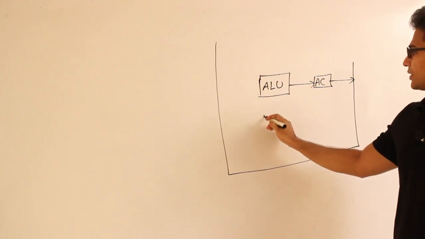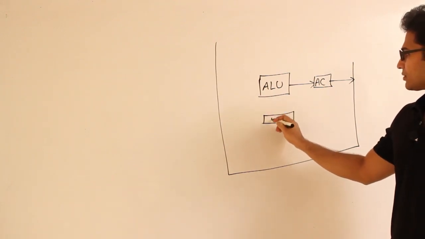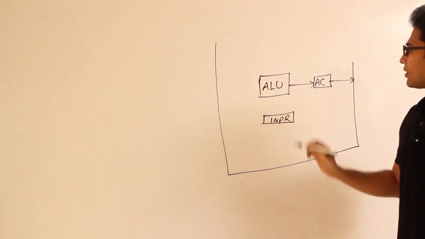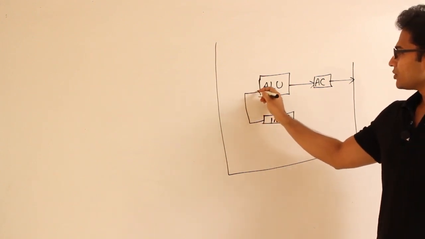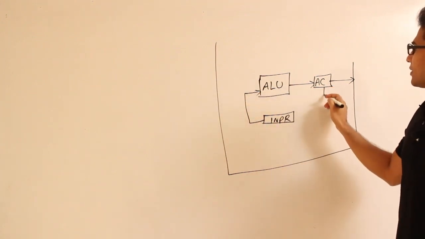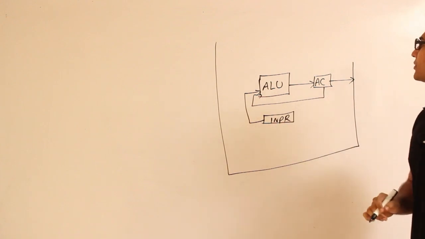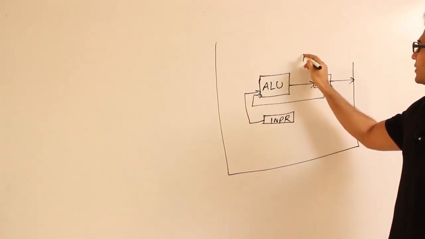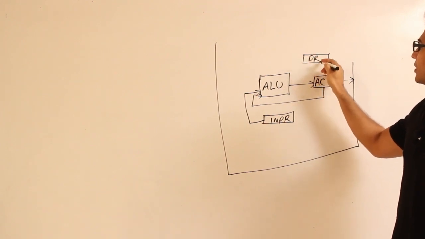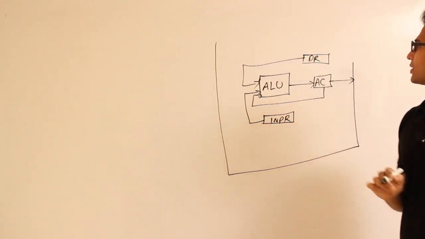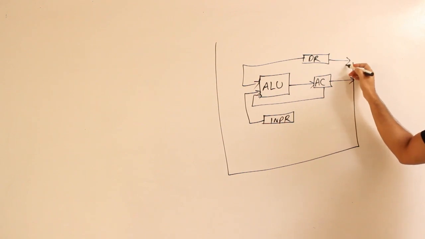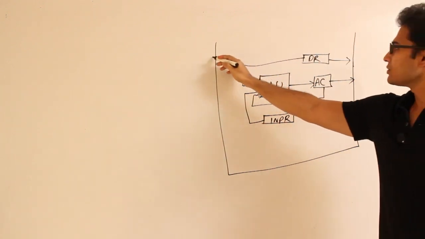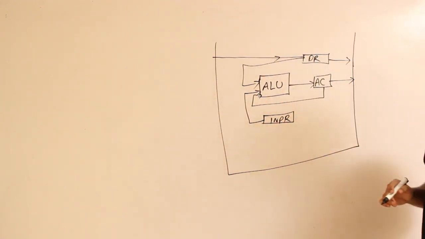And now there is an input register, and input register is connected to the accumulator, right? And ALU is also connected to the accumulator. And then there is the data register, and data register is also connected to the ALU like this. It is also connected to the bus, and it can also take the input from the bus, right?